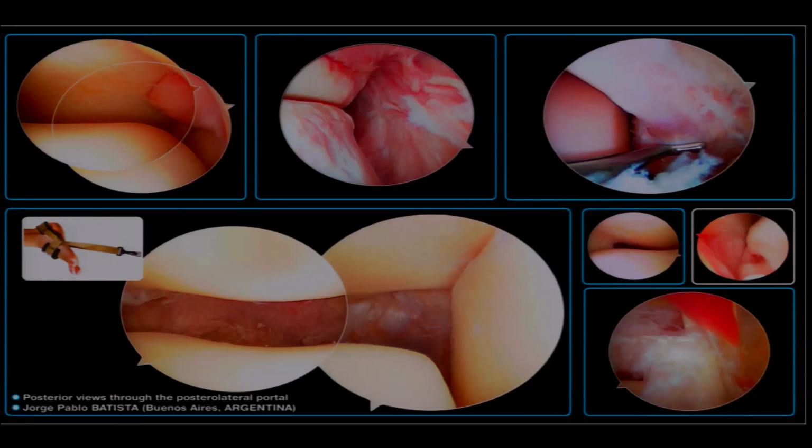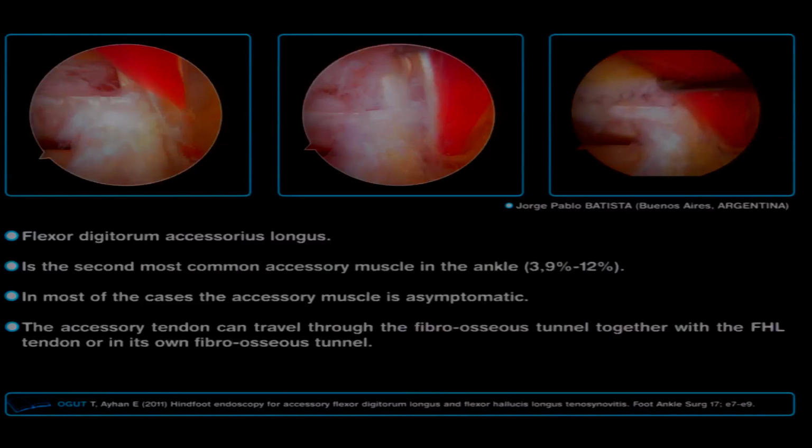And look at this image. This is a special image, in relation to two tendons in this area. You remember the flexor hallucis longus is the main landmark structure in this area. In this video, from Jorge Pablo Batista, a surgeon from Buenos Aires, there are two tendons. Maybe this is a flexor digitorum accessorius longus.